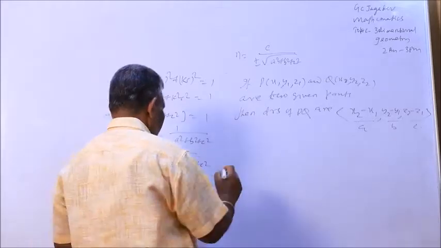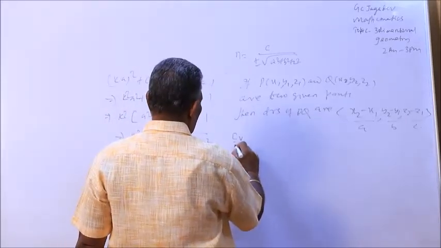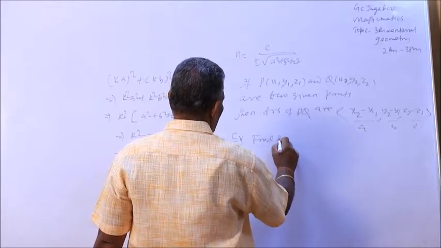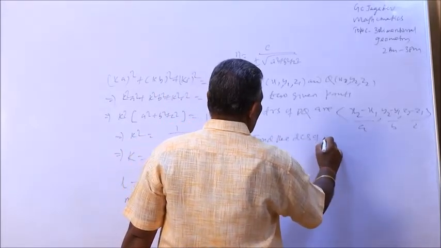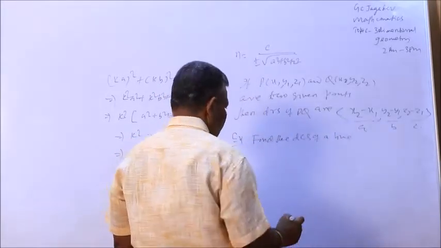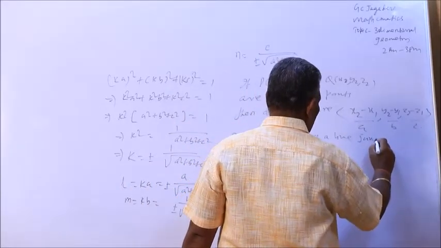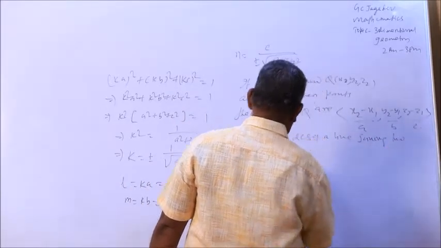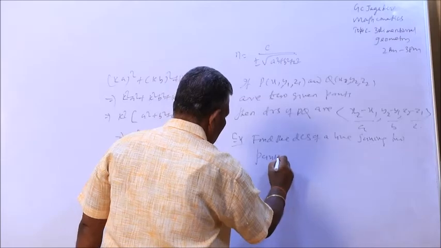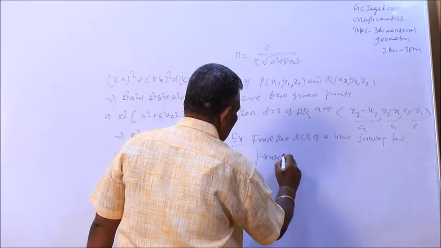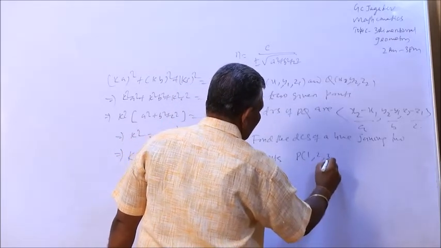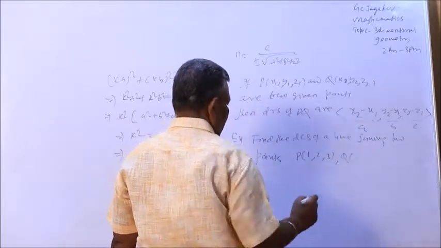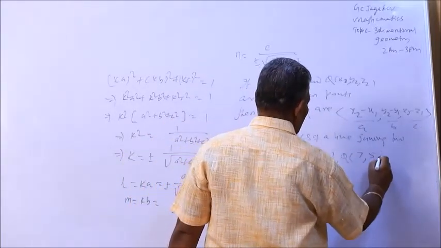Suppose we need to find the DCs of a line joining two points P(1, 2, 3) and Q(7, 5, 4).